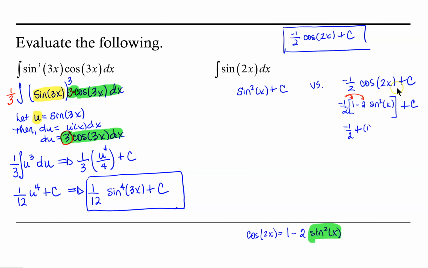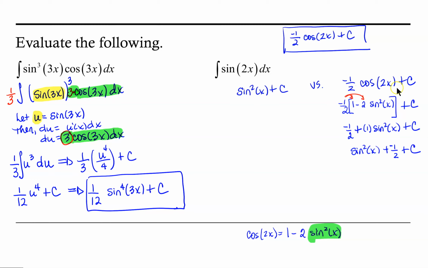So we would have 1 times sine squared of x plus c. Let's think about using the commutative property of addition. So sine squared of x minus 1/2. I actually want to write this as plus negative 1/2 plus c. So I've got sine squared of x plus negative 1/2 plus c.